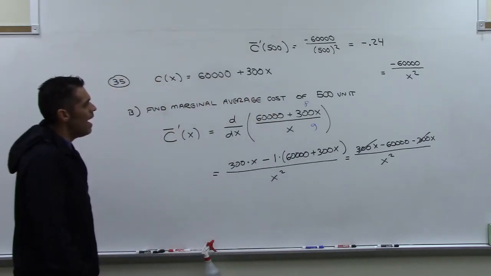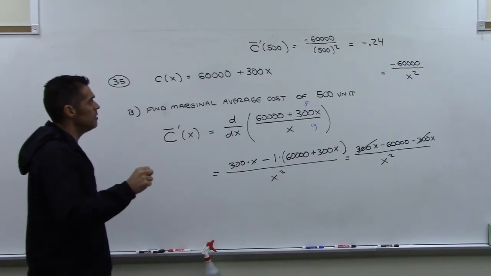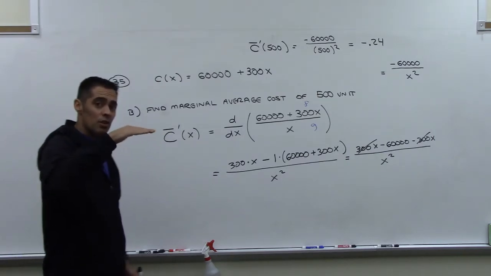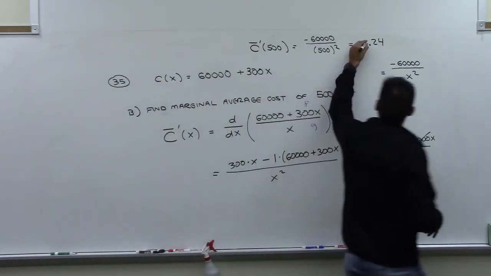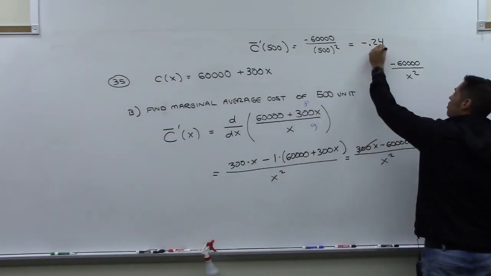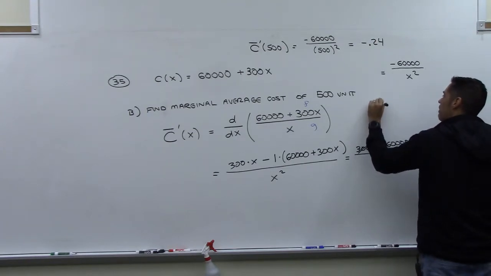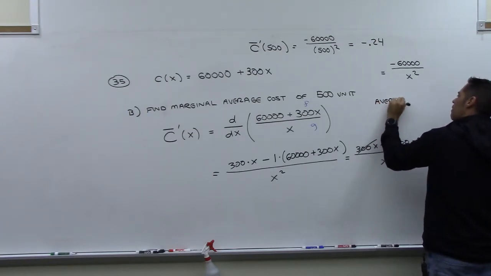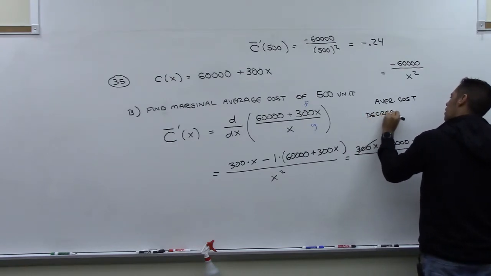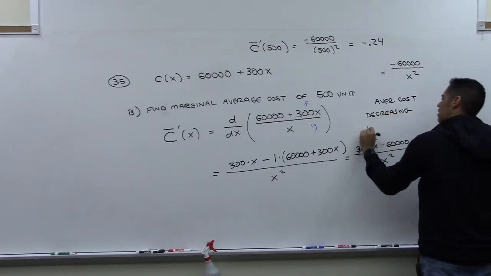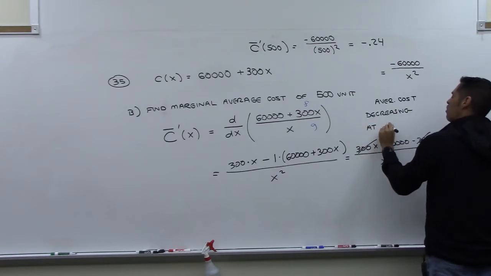But at 500 units, that average cost is decreasing at a rate of this much, which means that we have an average cost decreasing at 24 cents.